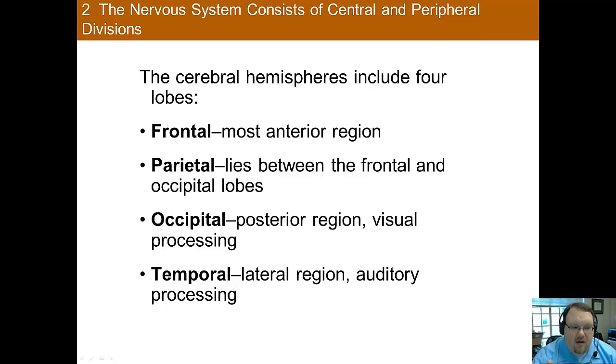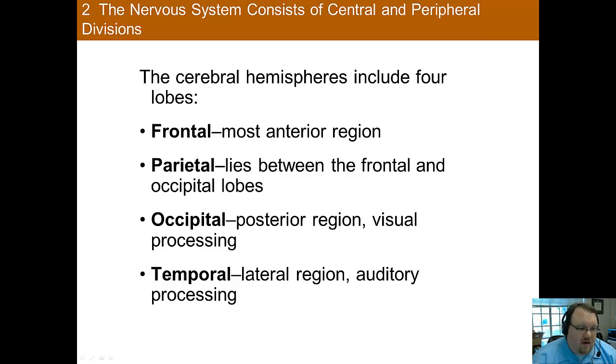The parietal lobe lies between the frontal and the occipital lobes, and it's responsible for integrating sensory information from different modalities, especially in reference to space and movement. Several portions of the parietal lobe are also important for language processing and working with numbers and things of that nature.